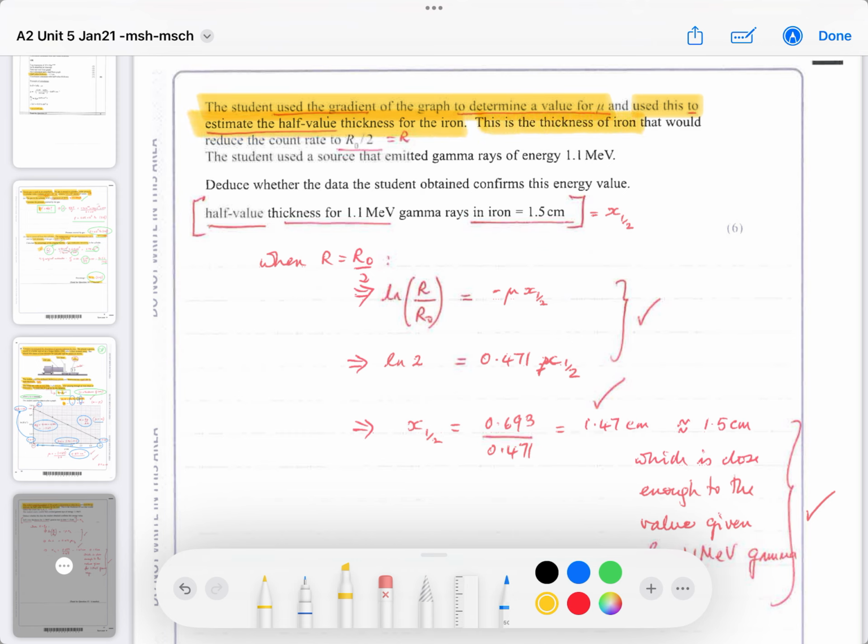This is the thickness of iron that would reduce the count rate to half of the original without iron, R0, basically half of R0. The radiation would go down to half of that value. What thickness would you need for that to happen? The student used a source that emitted gamma rays of a certain energy.